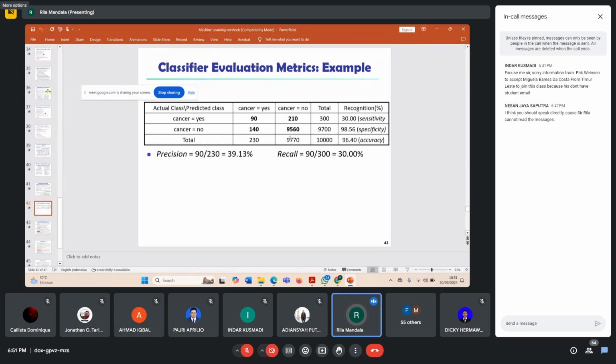Why is it imbalanced? Because the people who got cancer are only 300, while the people who actually do not have cancer are 9,700. Later we'll discuss how to handle imbalanced data.